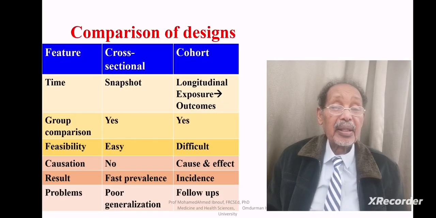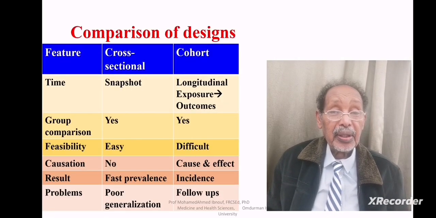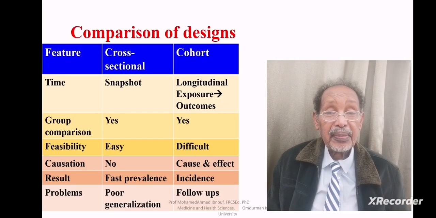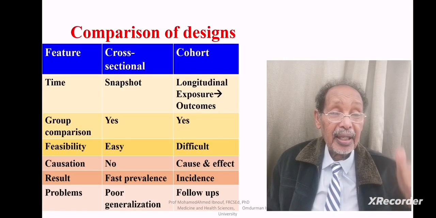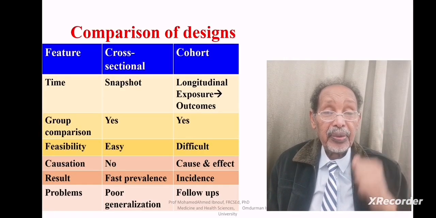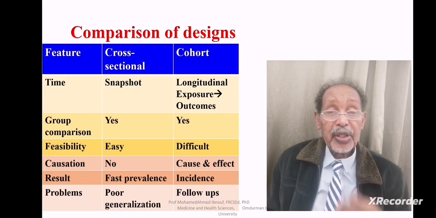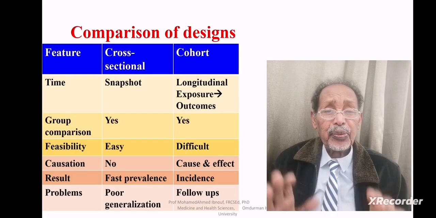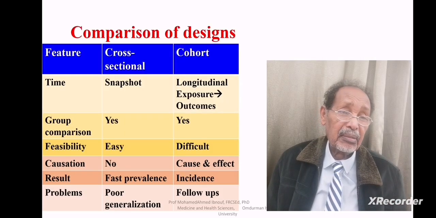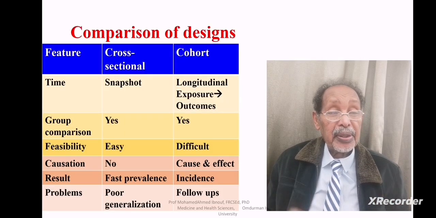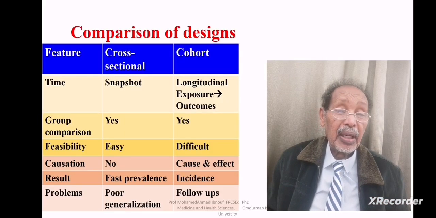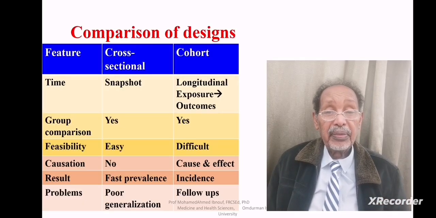Now let us make some sort of comparison between these designs. Between the cross-sectional, the first example we have given, and the cohort study. As I said, most of the time both of them are retrospective studies, but they can be prospective and they can be hybrid, retrospective and prospective.